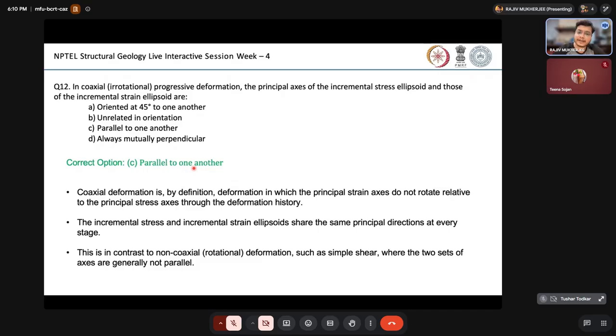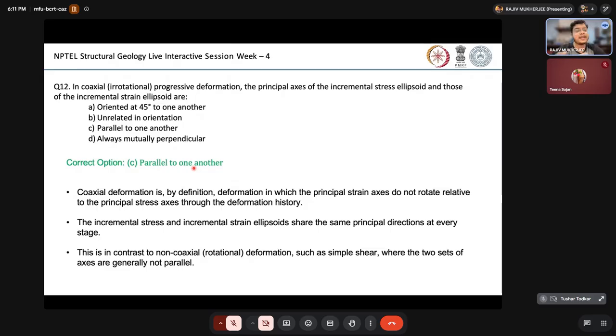So the aspect ratios of these ellipses will be perpendicular to each other. One will be like this, and with respect to that, the other will be perpendicular to it. But if you just simply follow the axes, they will coincide without any obliquity or any rotation between them.